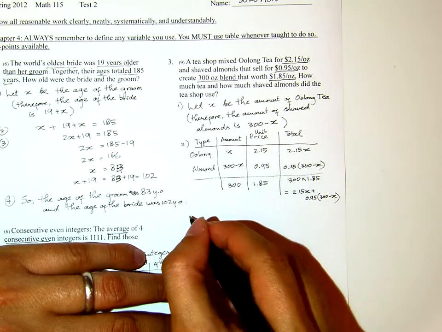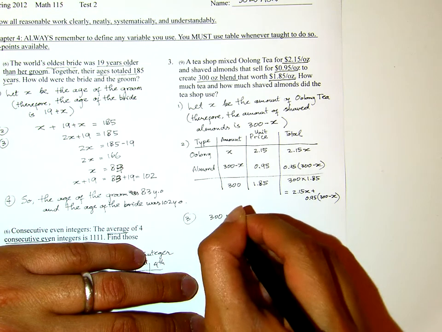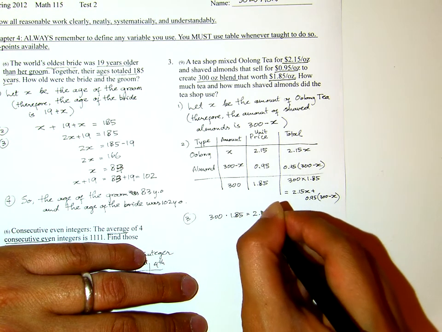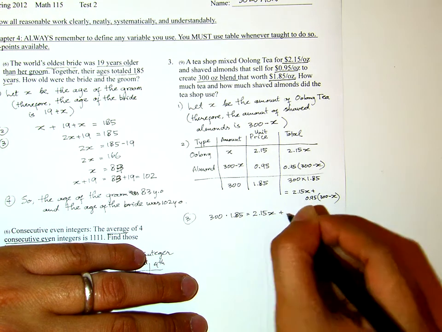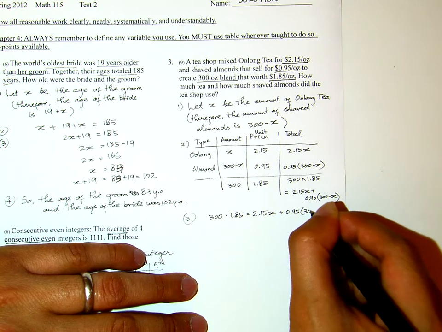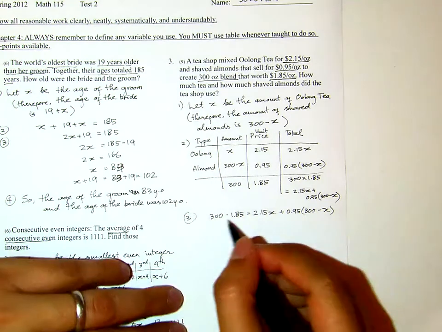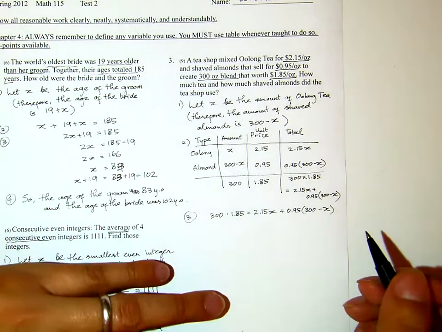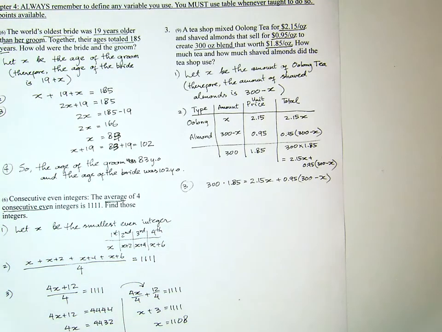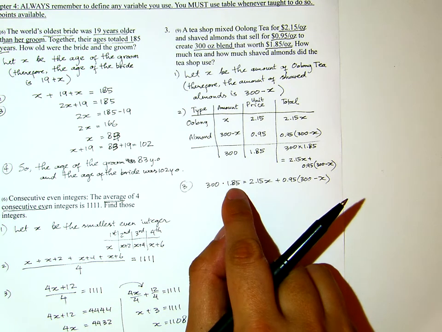Okay, now let's rewrite it here. 300 times $1.85 equals $2.15 times x plus 0.95 times 300 minus x. Now 300 times 1.85, let's do some little manipulation here. If you remember from arithmetic or pre-algebra, you have two zeros here and you have two decimal places there.